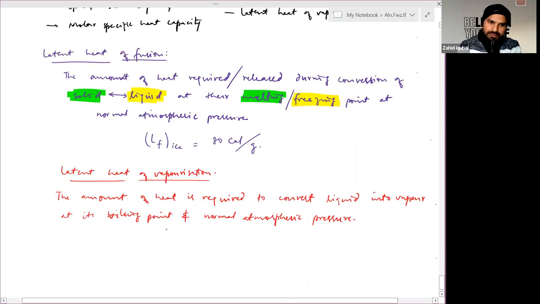So latent heat of vaporization for water will be 540 calorie per gram.